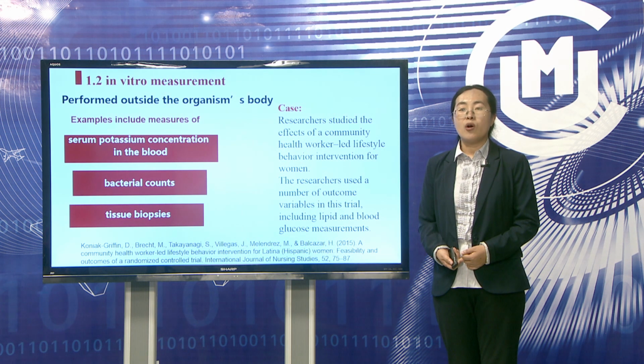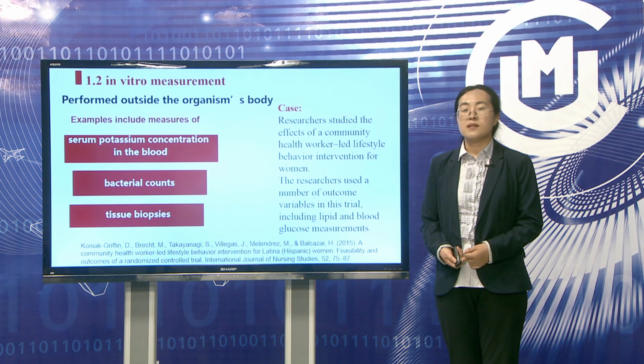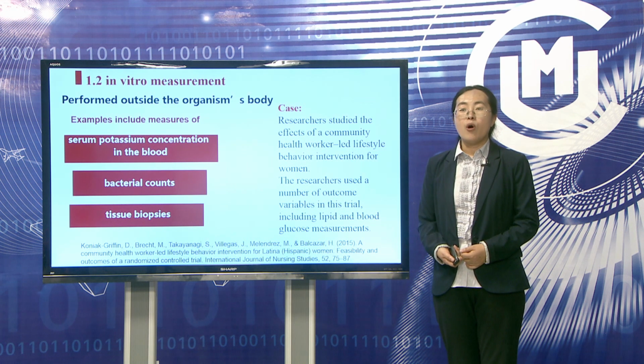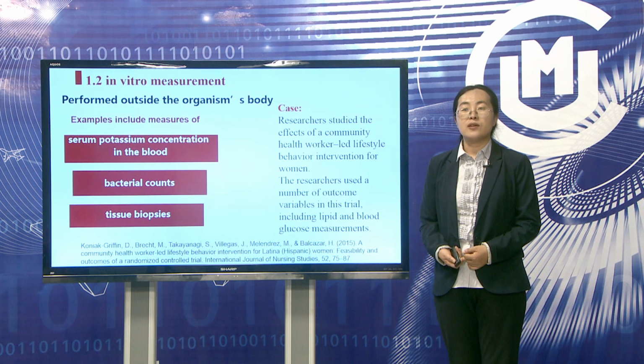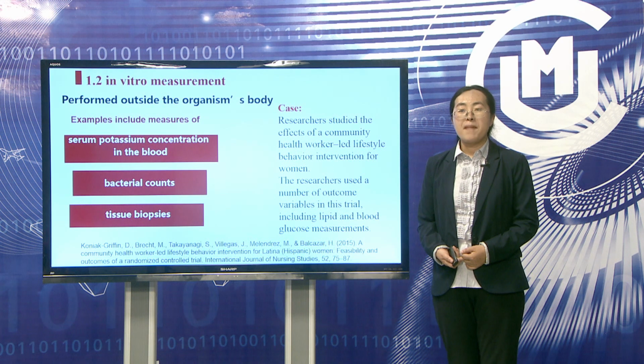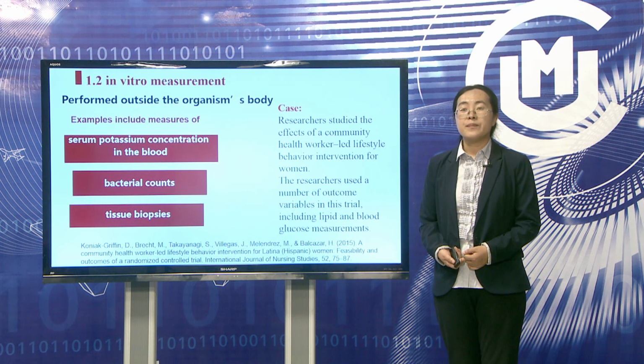There are several classes of laboratory analysis which have been used by nurse researchers, including chemical measurements, microbiological measurements, and cytological and histological measures. Laboratory analysis of blood and urine samples are the most frequently used in vitro measures in nursing investigations.